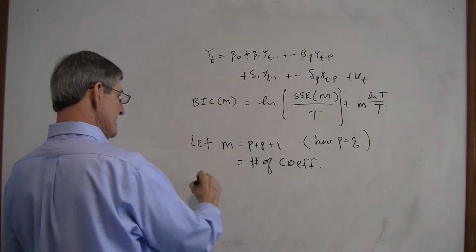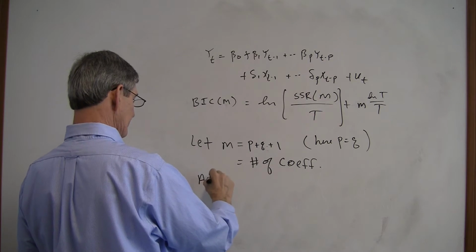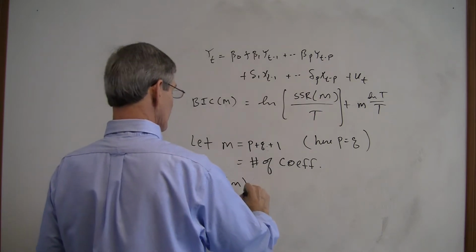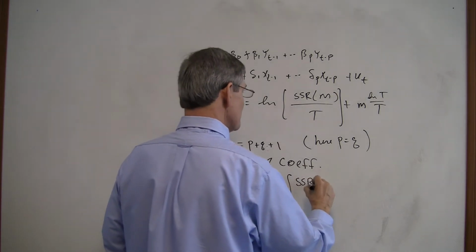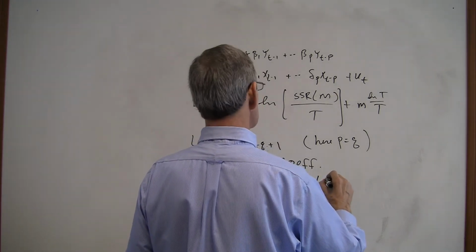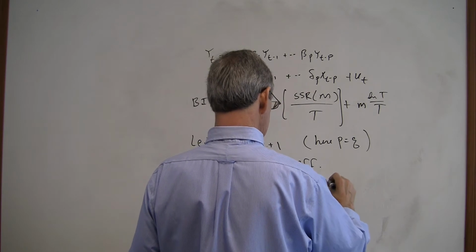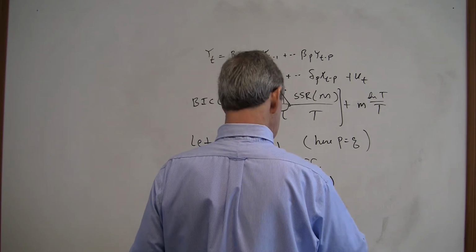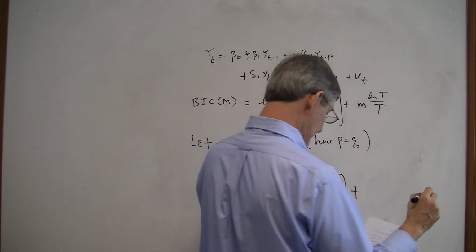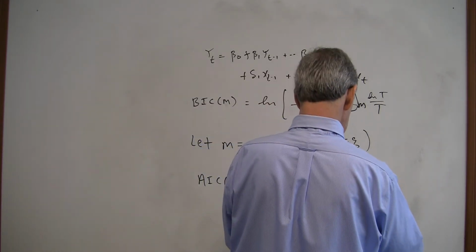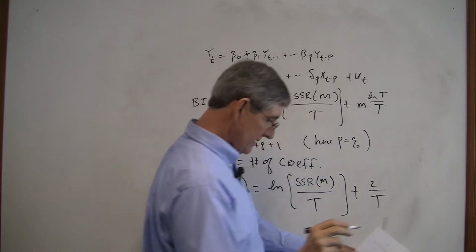And then the AIC of m would be the same thing, the log sum of squared residuals for m divided by t plus a different penalty. 2 over t is the penalty.